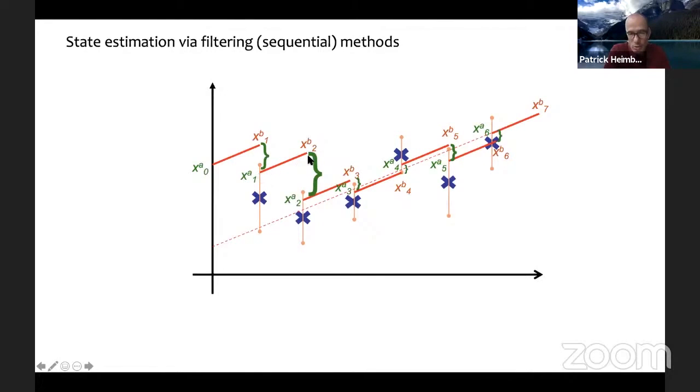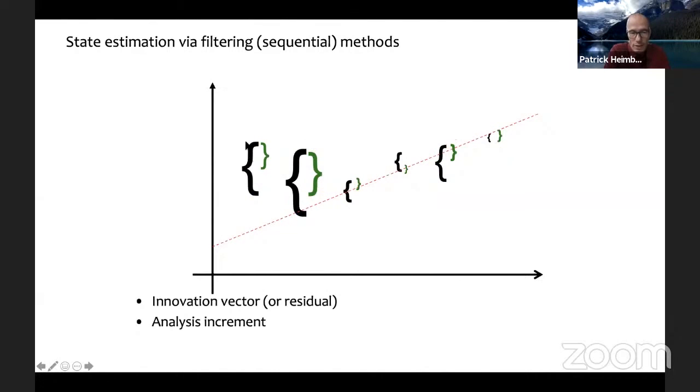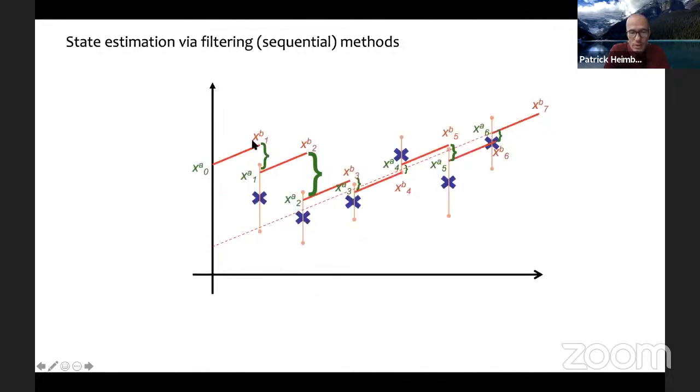From then we issue a new forecast, and so on. So we have the innovation vector here that would be the full difference, but then this analysis increment accounts for the uncertainties in all of the ingredients here.